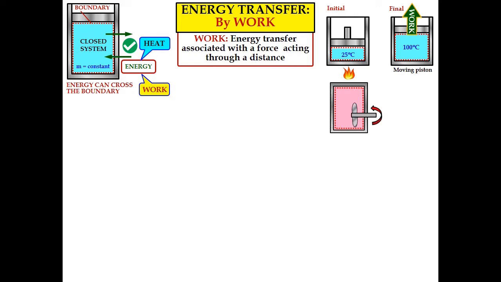Another example is a system of a rigid tank with a rotating shaft. The energy transfer for this system is also energy transfer through work, or energy transfer by work. Another example is electrical work.